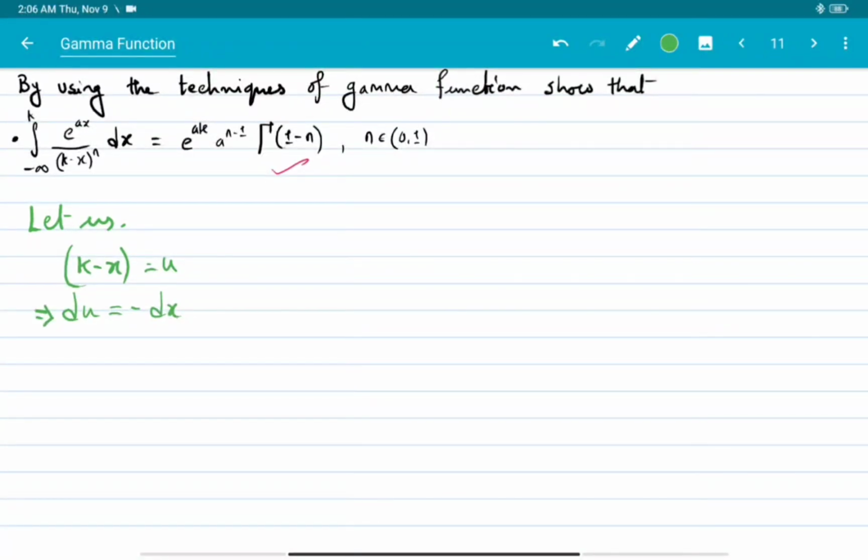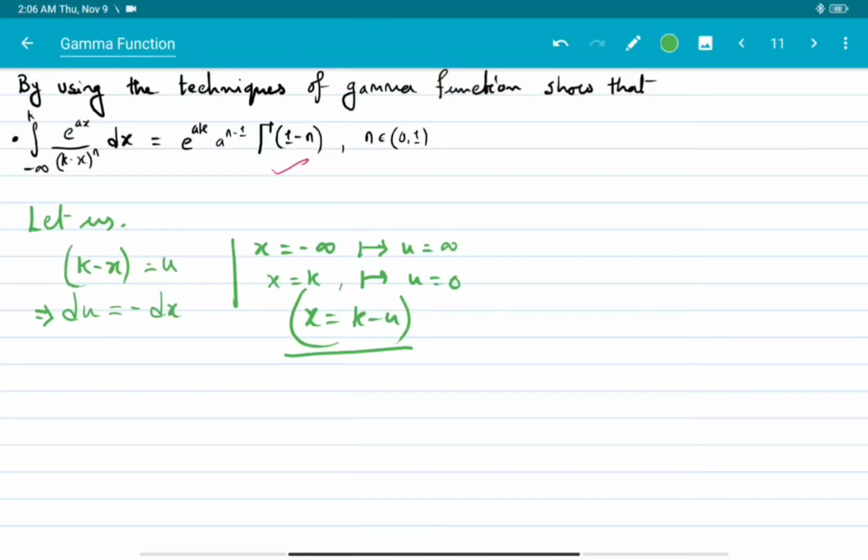Right? As x equals minus infinity, u will be positive infinity, and x equals k gives u turning into 0, and x equals k minus u.